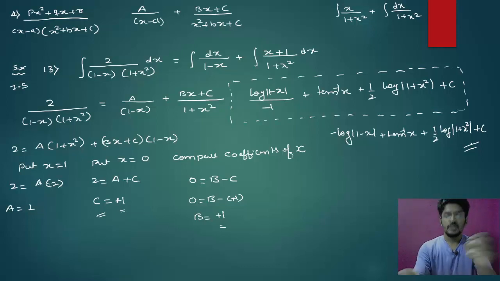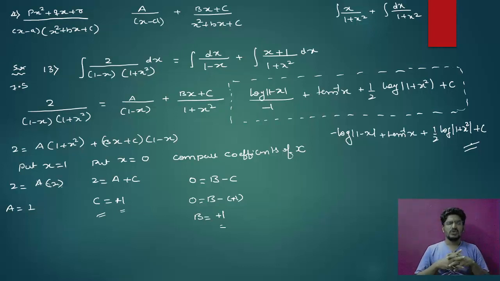Okay, so this is all about your partial fractions. I think all of you have understood this. In the next class, I will come up with the tricks to solve these algebraic equations, nothing but your partial fractions. So there are some tricks which you can use for your competitive exams.